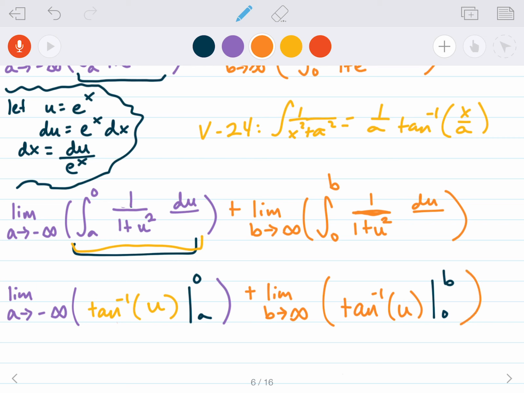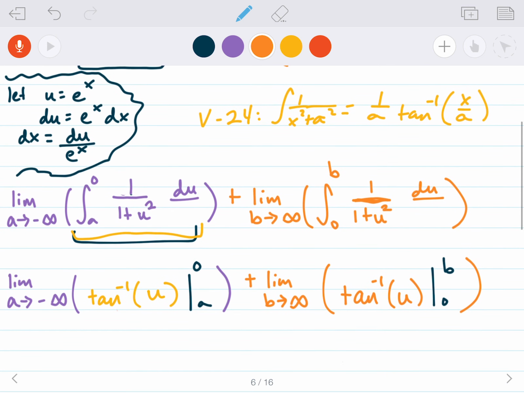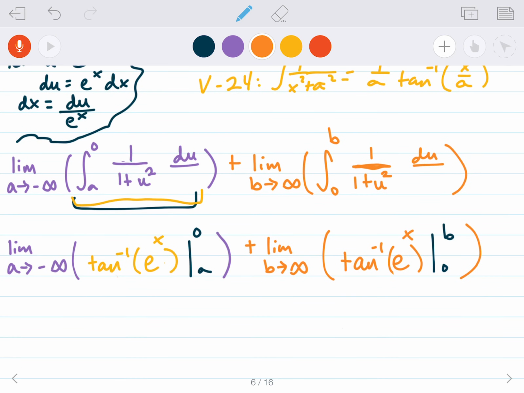All right, cool. So let's go ahead and replace u, e to the x, back in for u. So right here, before we evaluated our bounds. All right, let's see what we get. So leave this limit on the outside.